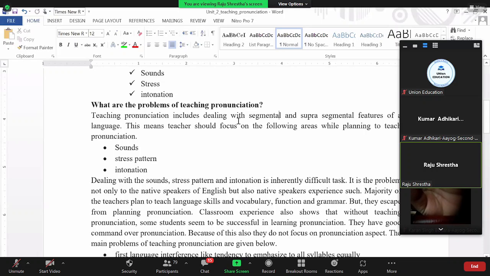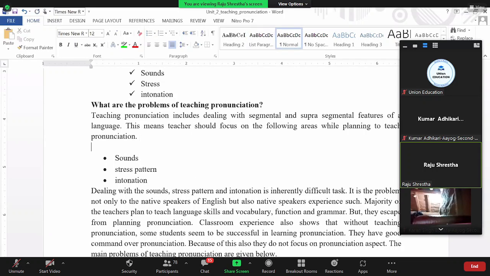When we talk about language and pronunciation especially, we have to talk about segmental and suprasegmental features of language. This means teachers should focus on the following areas while planning to teach pronunciation: sounds, stress pattern and intonation pattern.